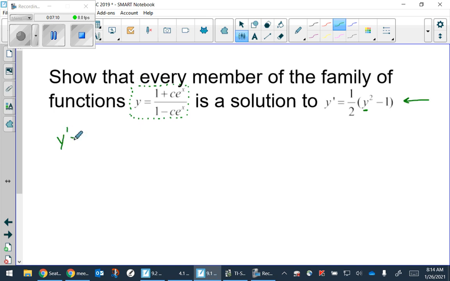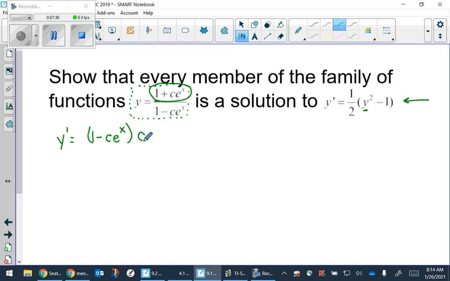Y prime equals low, 1 minus C e to the x, and what is the derivative of the top? Anybody?